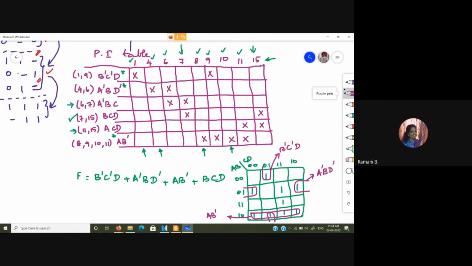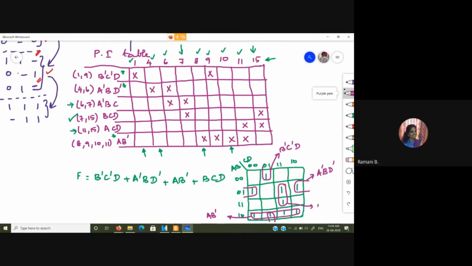Right? So with K-map, we always say our aim is to cover the ones, because then alone you can get the minimized expression. So here I am left with these two ones, right? So if I straight away form this particular group, I can cover all the ones easily, right?